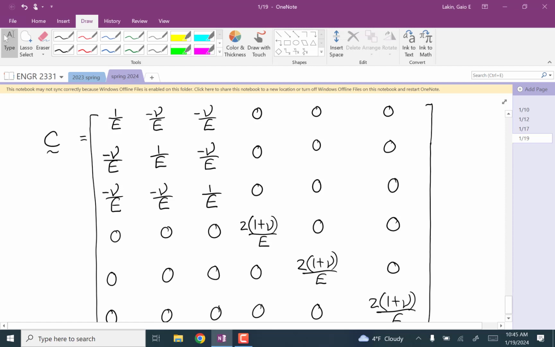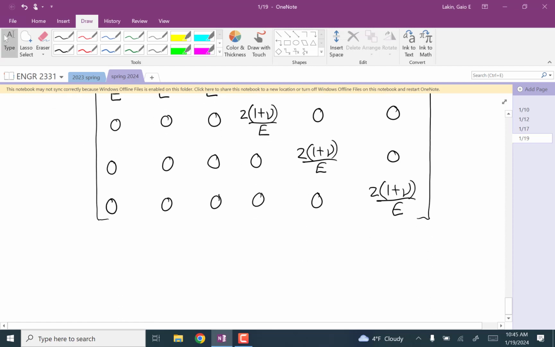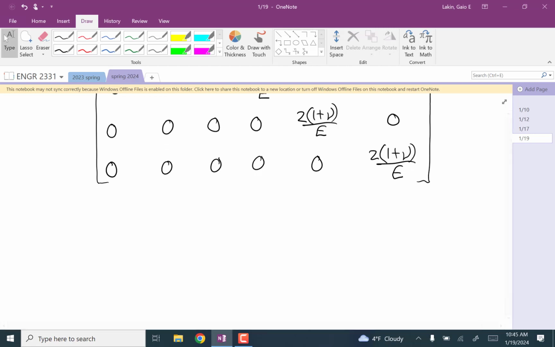Okay, so now, this is the relationship between stress and strain under certain conditions. Here are the conditions that we're always going to be considering in this class.